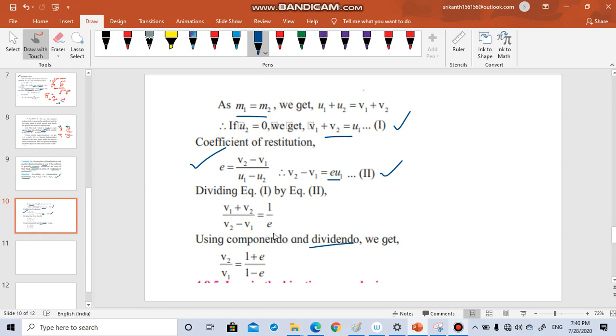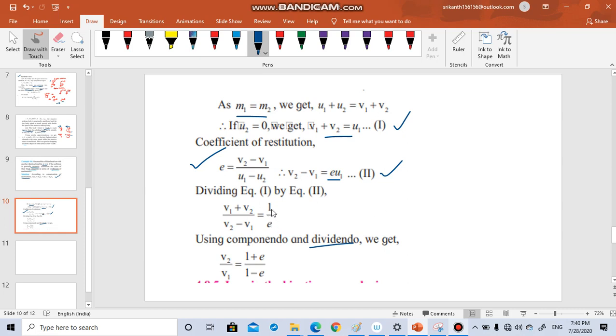It is a ratio and proportion trick. Whenever the equation is in this format, you can write the RHS as 1 plus e by 1 minus e. You do the same thing on the left hand side. You add v2 minus v1 to the top, so v1 will be cancelled and it will become 2v2.